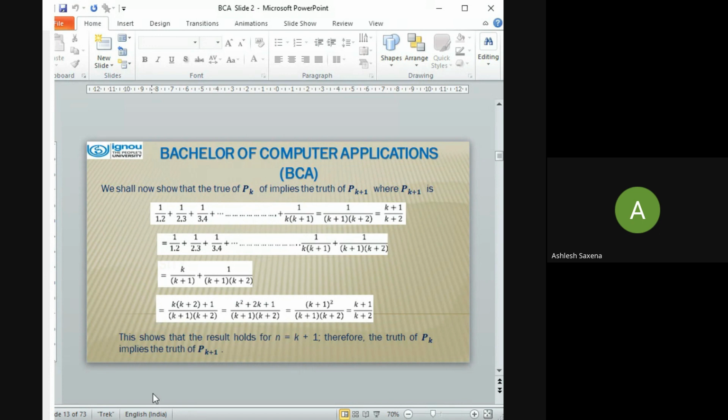Anyone else who wishes to explain the solution or has any question related to it? Because the next one will be too tricky. I will be following the same thing, P1, Pk, Pk plus 1, but the method of proving it will be different, because as per the problem, we have to change the steps.